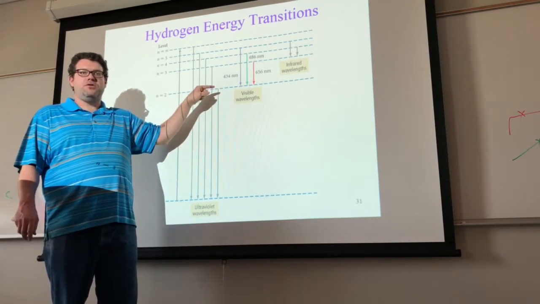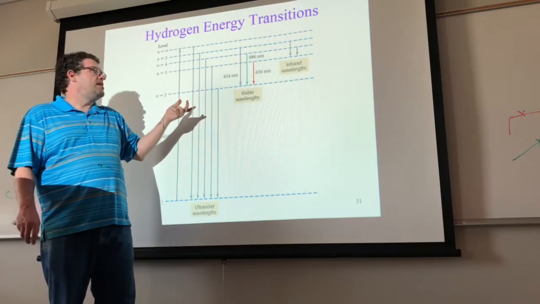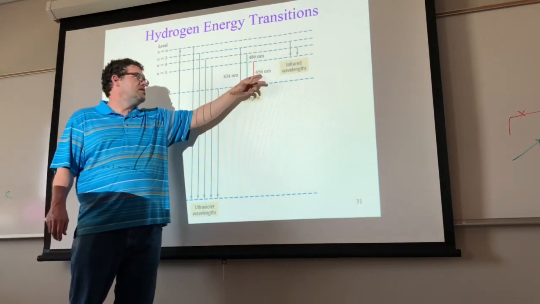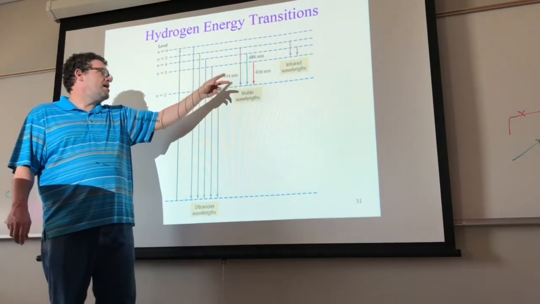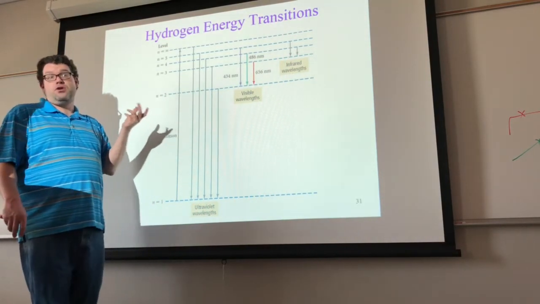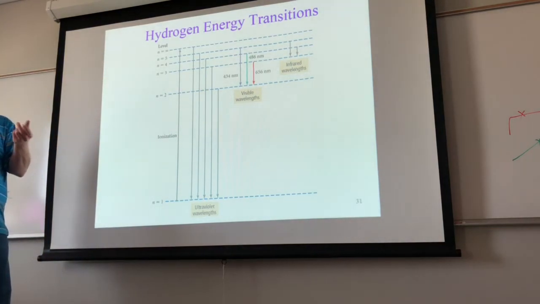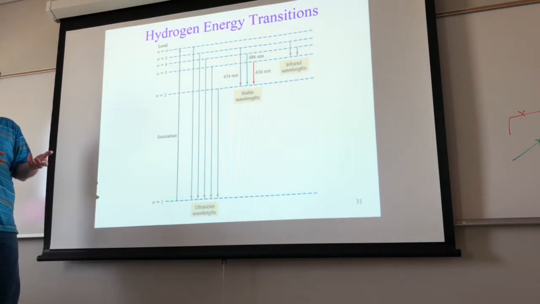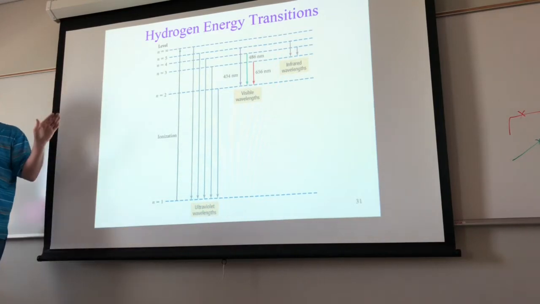If you did the math, you'd find the wavelength is about 656 for red versus 434 for purple. So shorter wavelength means greater energy, and purple light has more energy than red light does. Does that make sense?